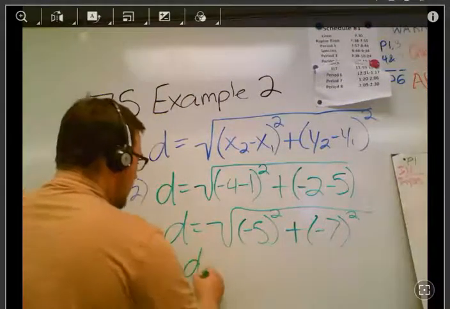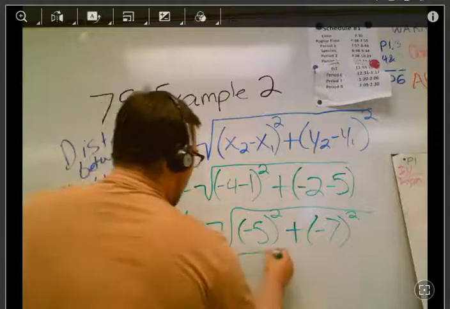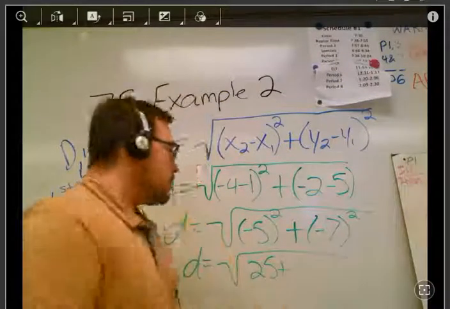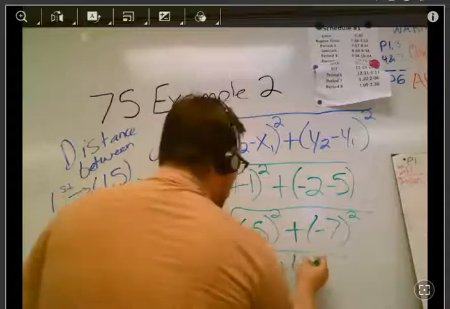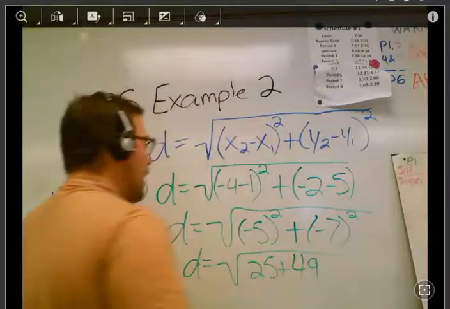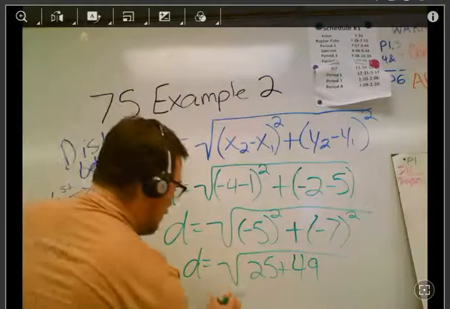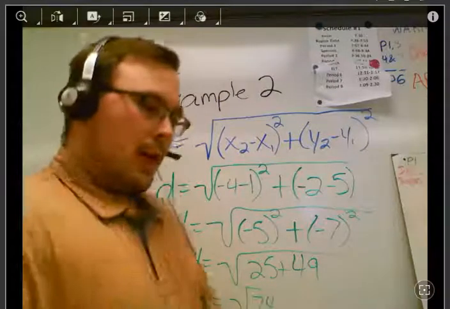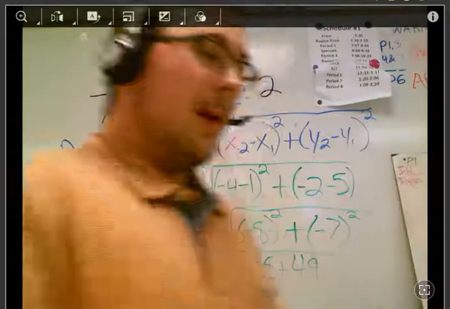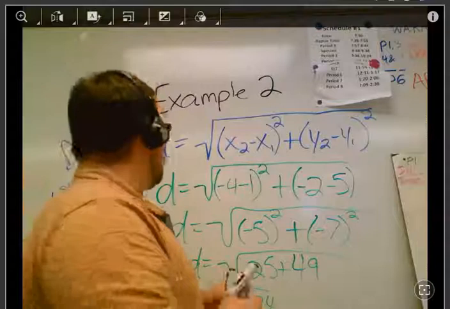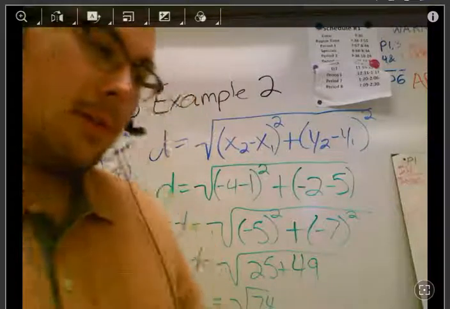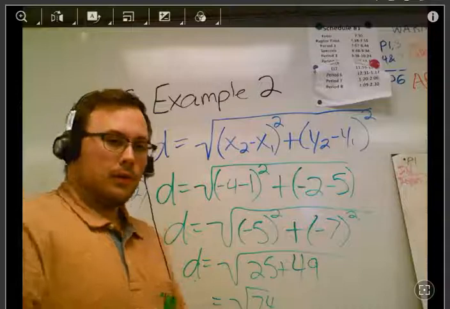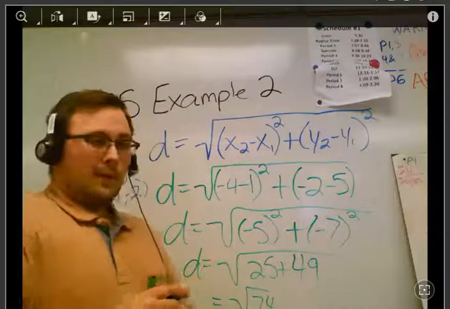So we got d equals the square root of 25 plus 49, and that equals the square root of 74. Now, that is our final answer. That is the distance between these 2 points, and since we weren't given any units, we just write the square root of 74.